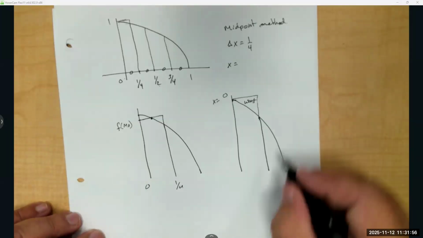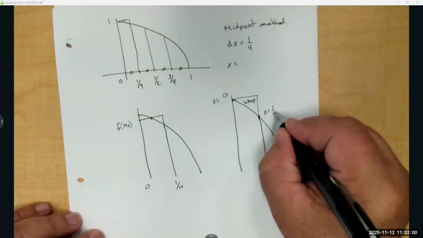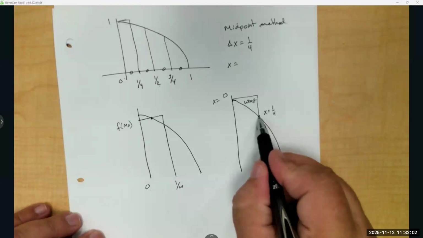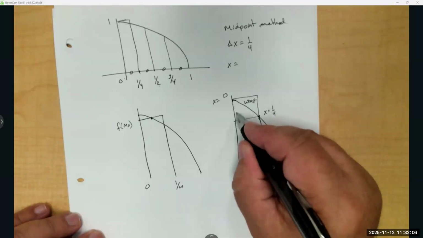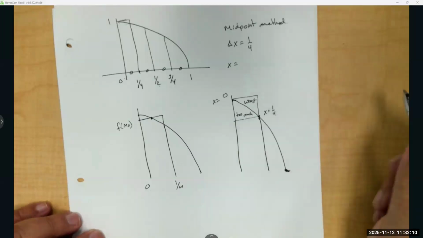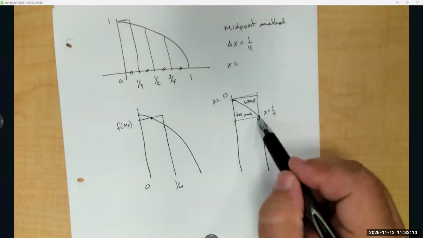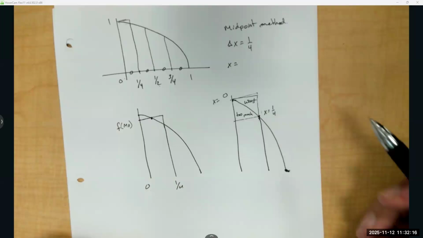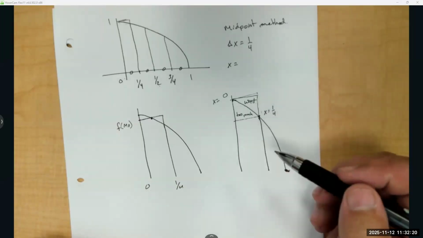If we used x is 1/4, look at all this area we don't have. So this one up here is overestimating, this one here is underestimating. We either have too much waste or not enough area.